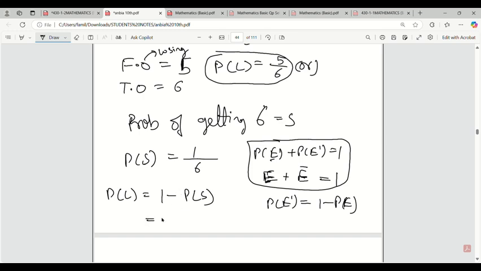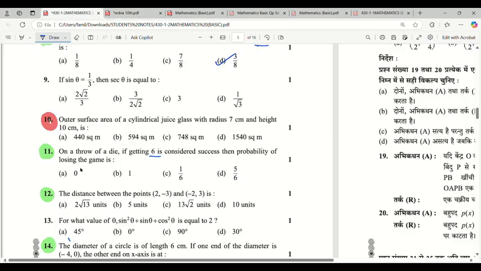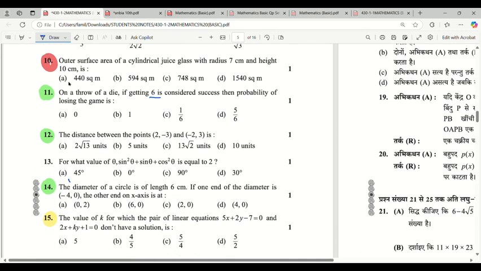So 1 minus 1 by 6 will again give you 5 by 6. This is how you will go for this. There are two methods, you can go with whichever you feel easy. I hope that's clear.